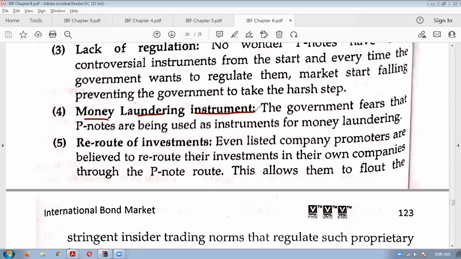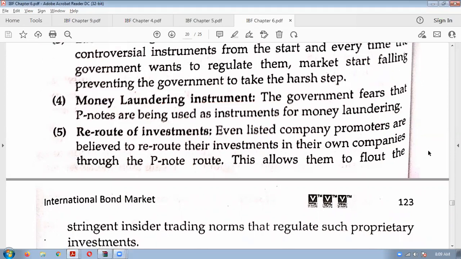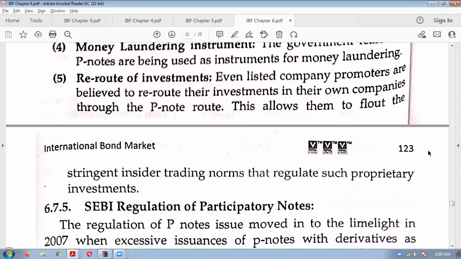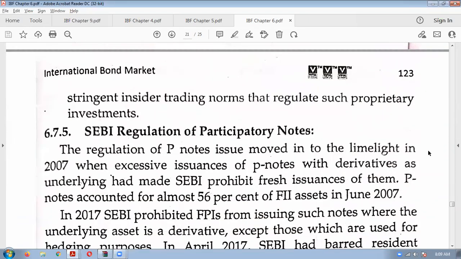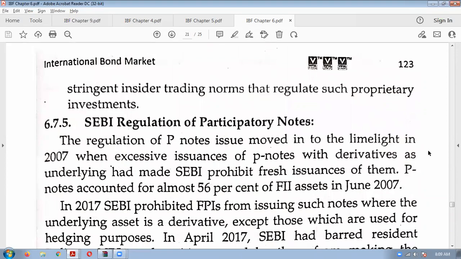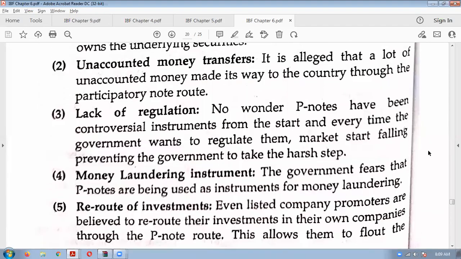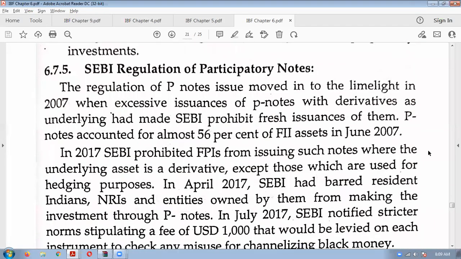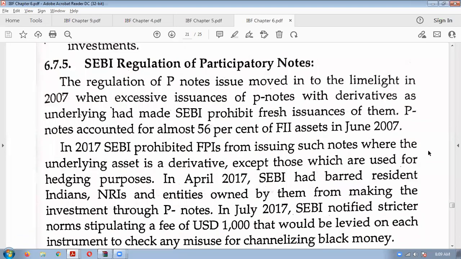So if any illegal money or proceeds of crime is put into a proper channel, that is known as money laundering. This much understood, everybody?